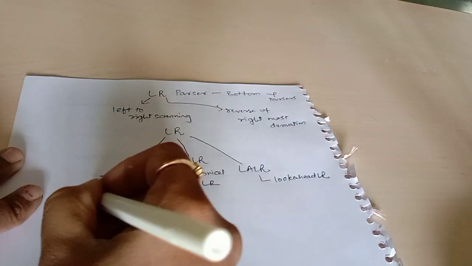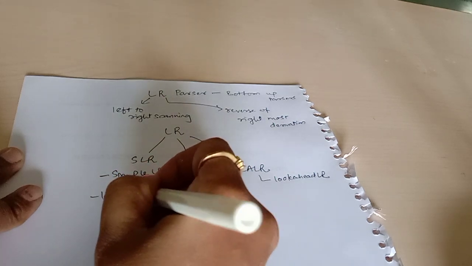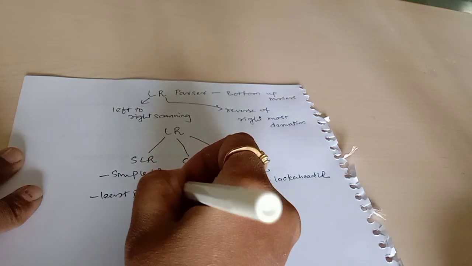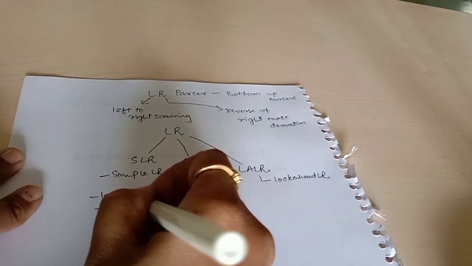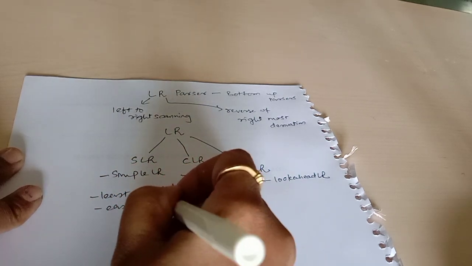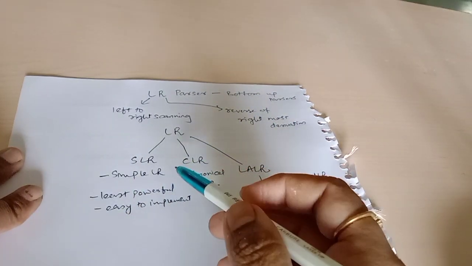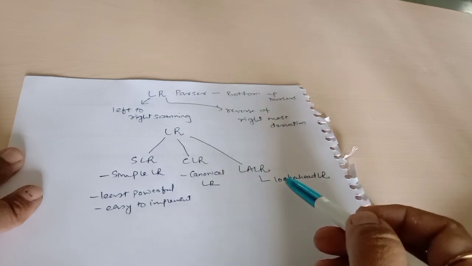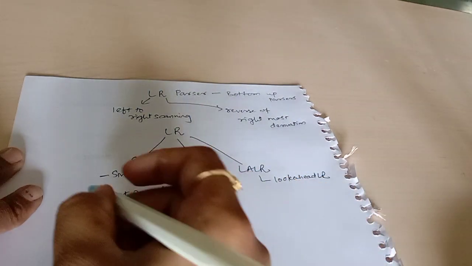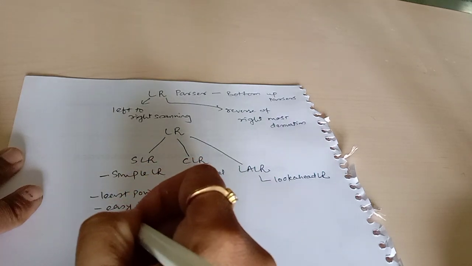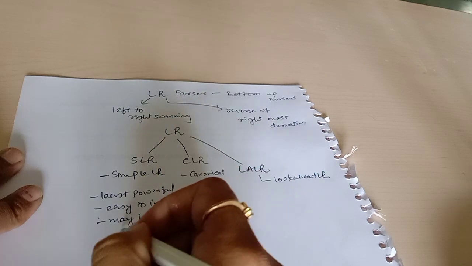Okay, simple LR is the least powerful compared to the other two, but easy to implement. This comparison is between the three. So SLR, compared to CLR and LALR, is least powerful but easy to implement, and it fails for a few grammars.